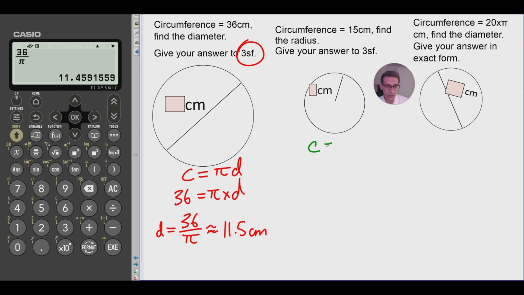The next one, we're going to use the formula again. So C equals pi d. So 15 equals pi times, we don't know what the diameter is, so 15 over pi. So let's go back and just edit this, change that to 15. So 15 over pi, we're going to divide by pi.